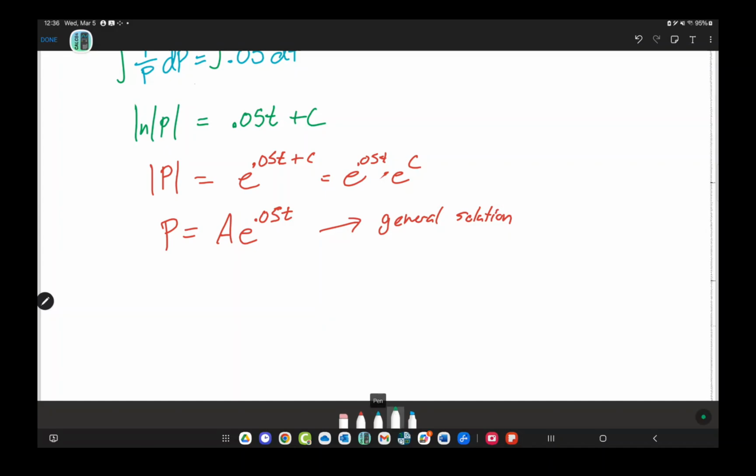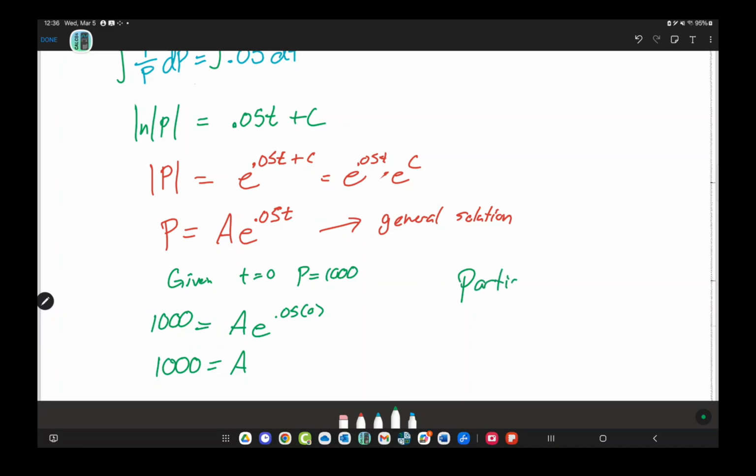So, given T equals 0, P equals 1,000, we could say 1,000 is equal to A e to the 0.05 times 0, which means 1,000 is equal to A. So my particular solution is P is equal to 1,000 e to the 0.05 T.